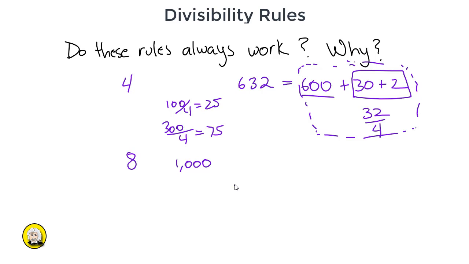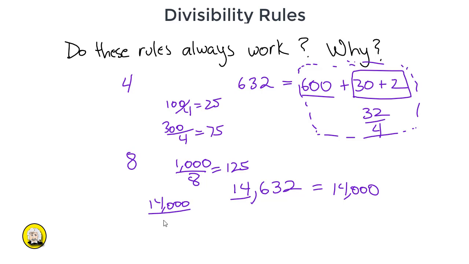So again, if I have 14,632, the 14,000 part must be divisible by 8, because I know 1,000 divided by 8 is 125. So 14,000 divided by 8 is 14 times 125, which equals 1,750, a whole number result.